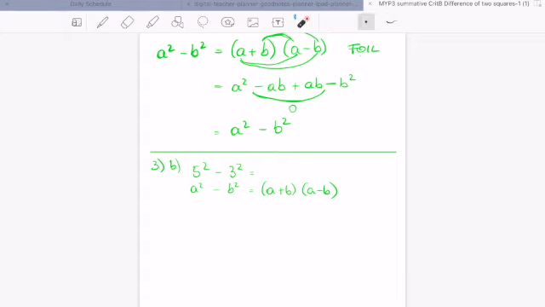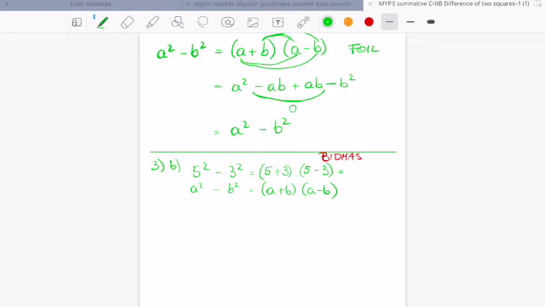So if a squared minus b squared is 5 squared minus 3 squared, then this must be (5 + 3) times (5 - 3) equal to. Don't forget BIDMAS, really important. Never forget BIDMAS.